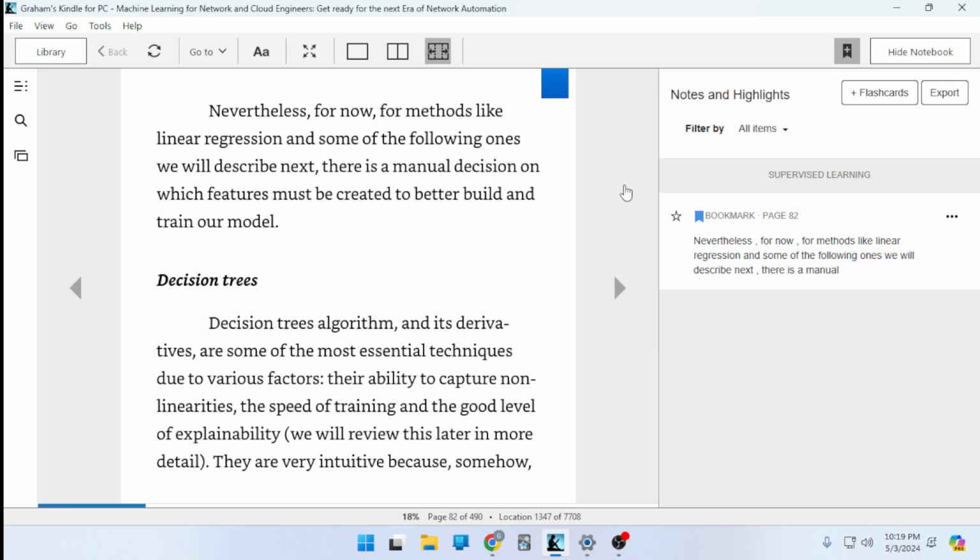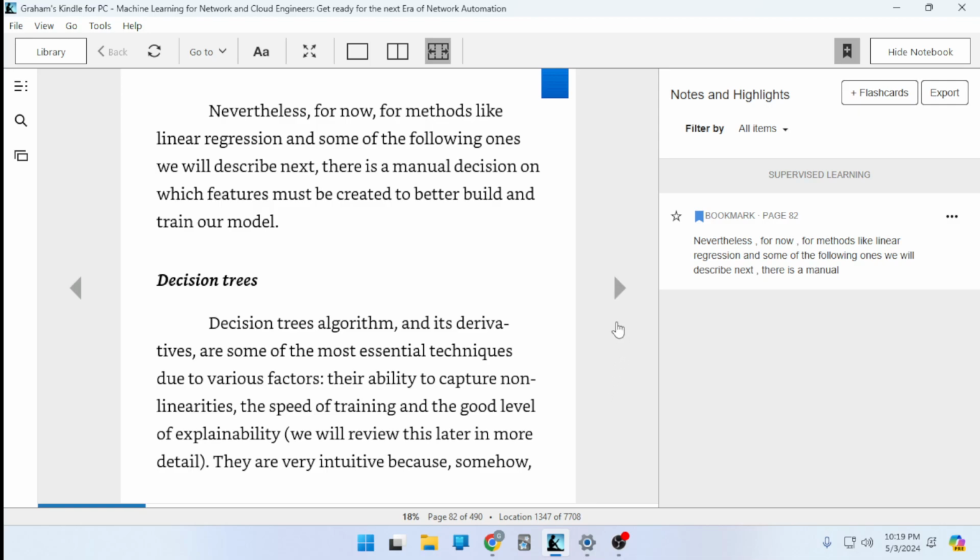So, this next section is on decision trees. Decision trees algorithm and its derivatives are some of the most essential techniques due to various factors: their ability to capture nonlinearities, the speed of training, and the good level of explainability. We will review this later in more detail.